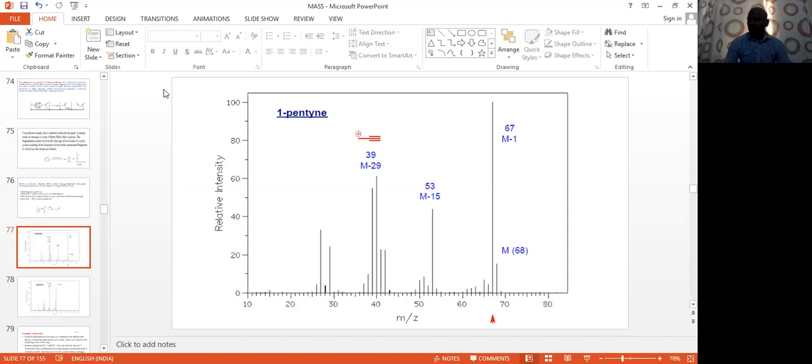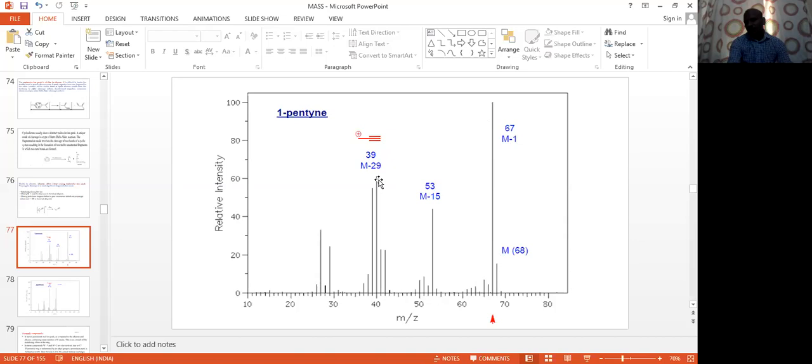Here we will have the total 5 carbon atoms, and of the 5 carbon atoms, the first peak, the M-1 value, is very prominent. The molecular ion peak will be there anyway, but it's not that intense compared to the M-1.